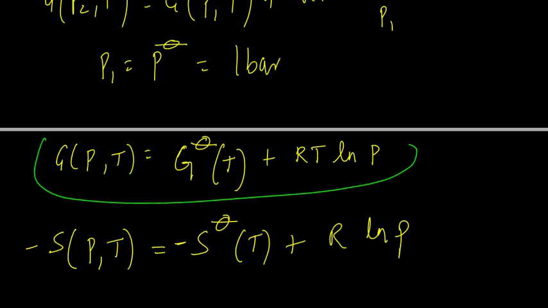Since we are not using the number of moles, let me formally write this as G bar or G molar, and S molar. This is called the molar Gibbs free energy.